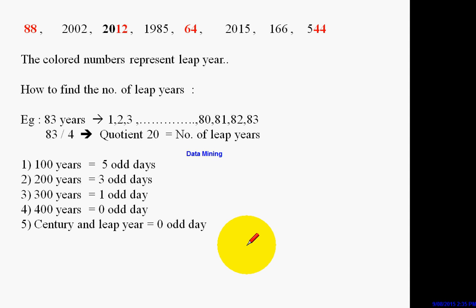There is no century in this series, so straight away we'll extract the last two digits. Let us divide the value by 4 and find out whether the remainder is 0. If the remainder is 0, I can say that this particular year is a leap year. So here, I have highlighted the colored numbers using red color. The red color numbers indicate that that is a leap year.